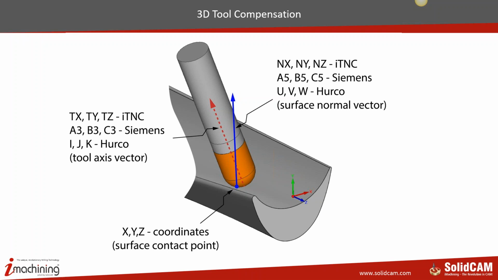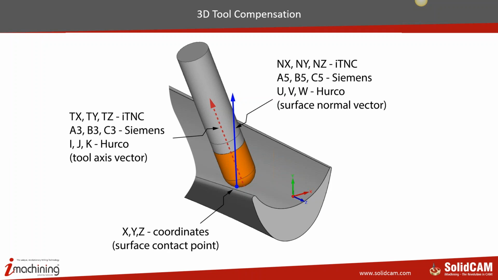However, when you switch on the 3D tool compensation, especially in posts that support this feature, you will see that there are additional 3 vectors coming up in your program, and that is NX, NY, and NZ. These are basically the surface normal vector of that particular point. Or if it's Siemens, you will see A5, B5, and C5. If it's Herco, you will see UVW. I'm not very sure about FANUC, what it does with G43.5.